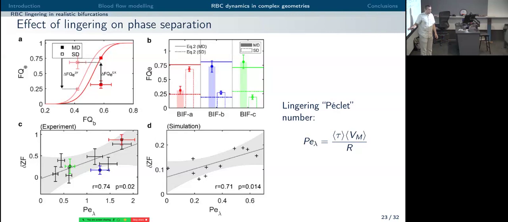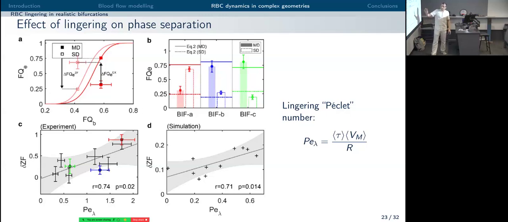And the x-axis tells you how significant lingering is. And as you would expect, zero lingering should lead to a zero deviation from the model, and that is what we have. And the more lingering is important, the more you deviate from the predictive model that I introduced to you at the beginning of my seminar talk.